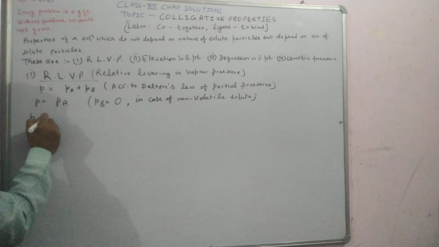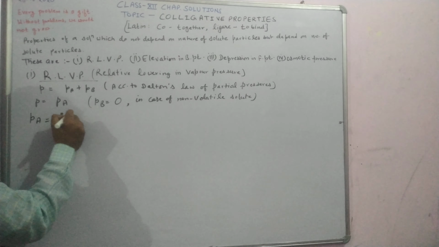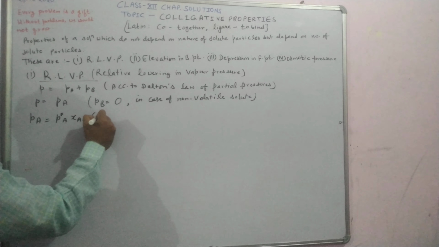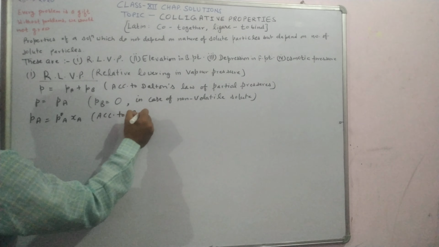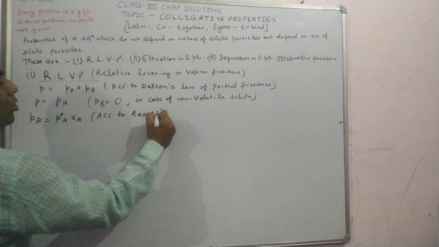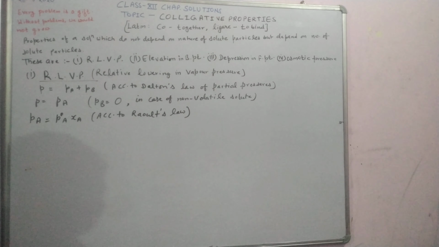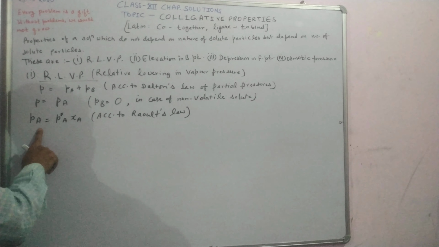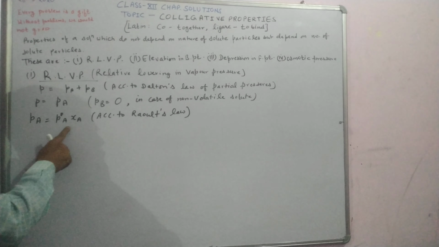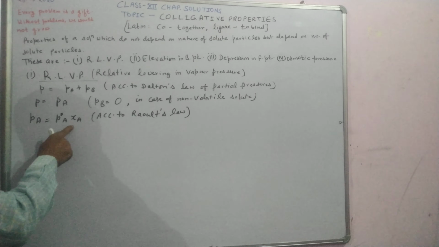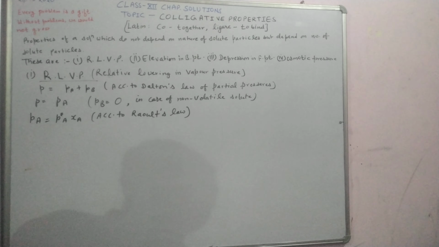But we know PA is equal to P naught A XA. That's according to Raoult's law. If you have watched my last video, we discussed Raoult's law, according to which the partial pressure of a component is equal to the partial pressure of that component in its pure state multiplied with the mole fraction of that component.